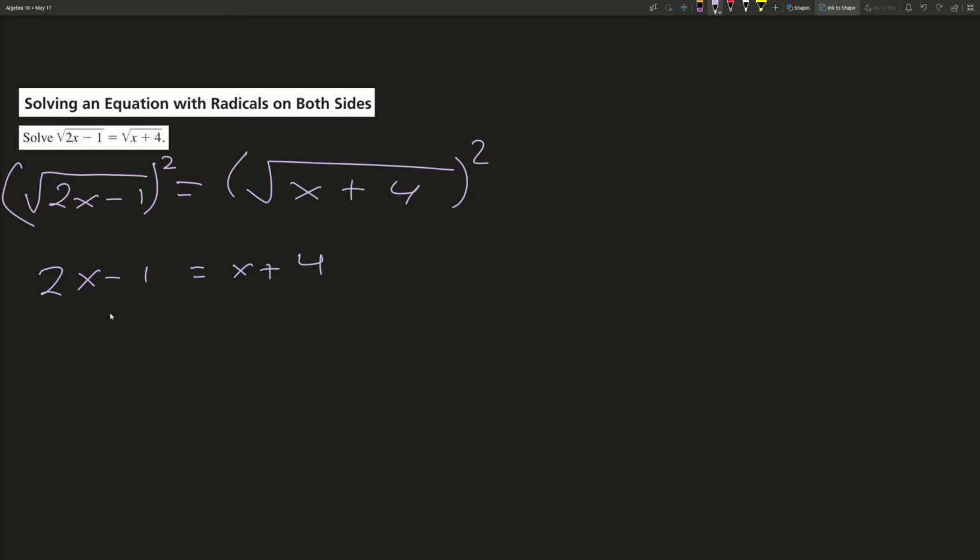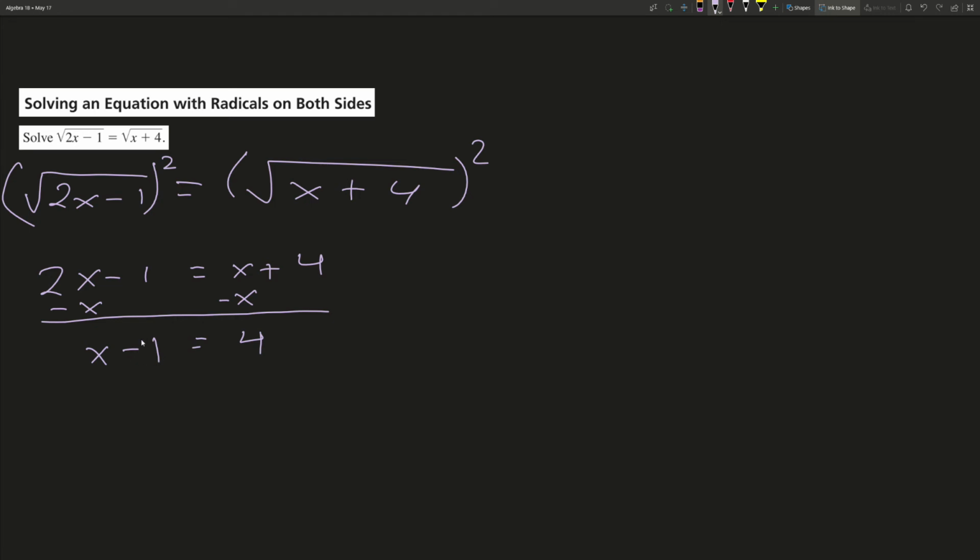And this is pretty straightforward. So now, we just need to isolate the variables. We need to get all the variables on one side and all the numbers on the other side. So let's subtract x on both sides. So we move this one to that side. And then 2x minus x is just x, minus 1 is equal to 4.